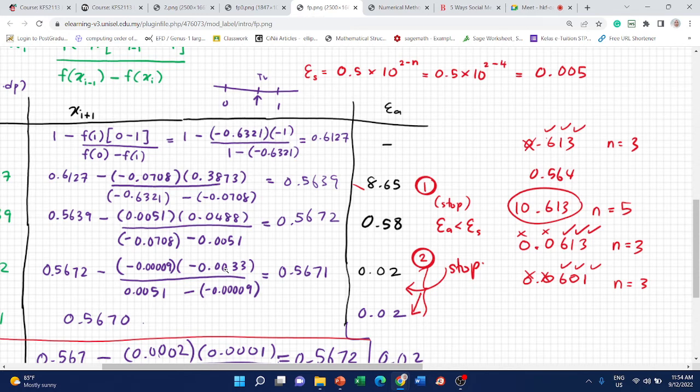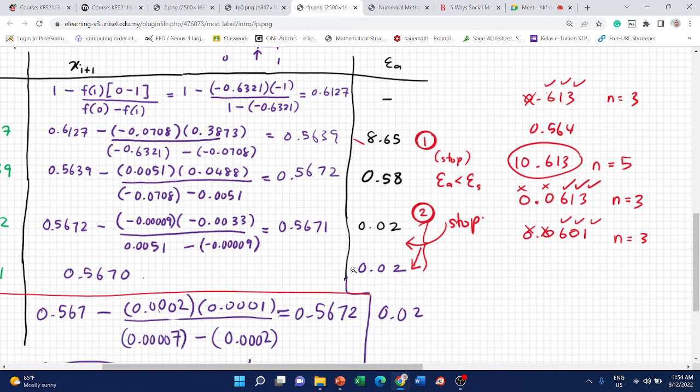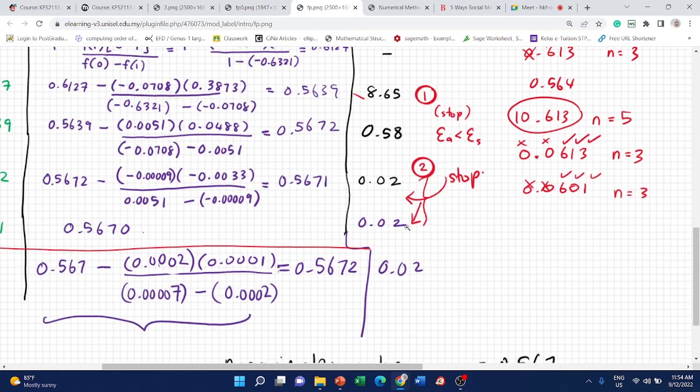In this example, if we check the absolute error column, at the second row we get 8.65%, third row we have 0.58%. Then the next row we have 0.02, next row we have 0.02.